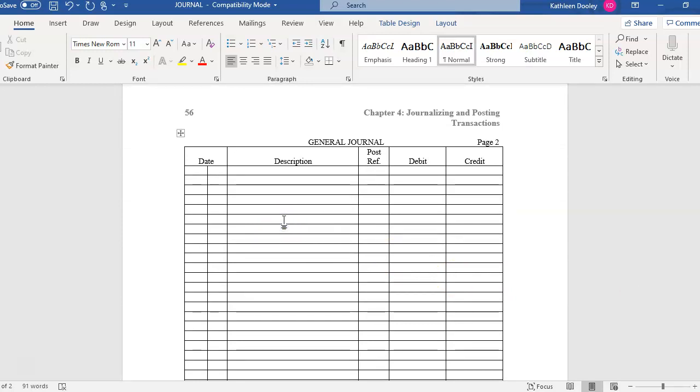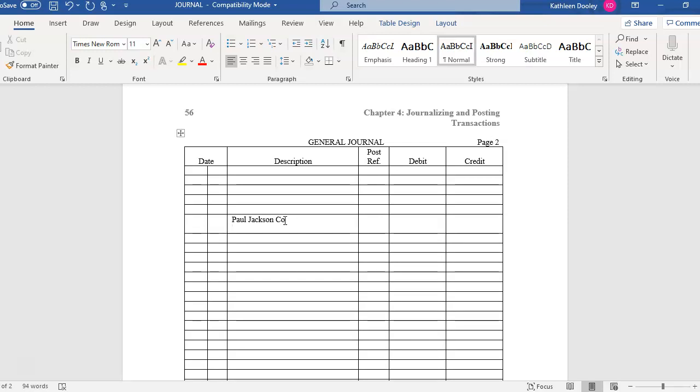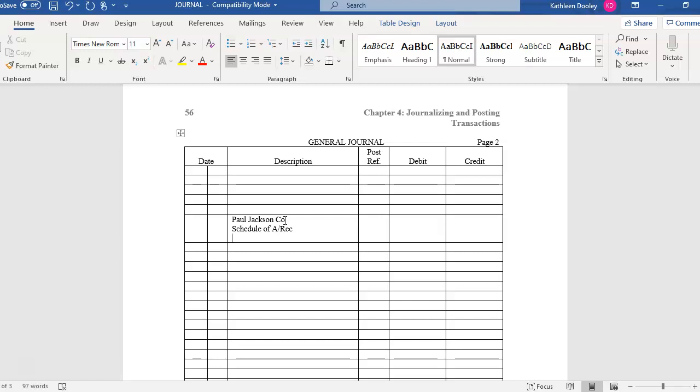Okay, and this is Paul Jackson Company, and it is the schedule of accounts receivable, and this is for the date April 9th.